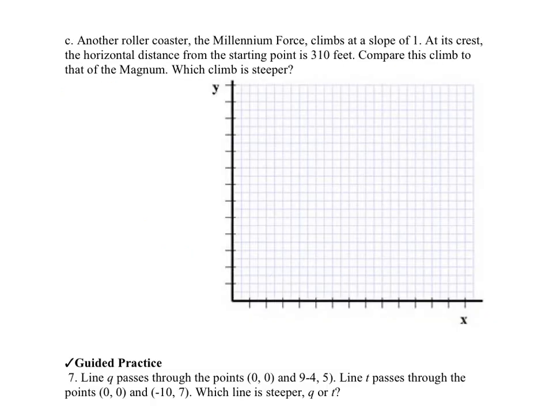Okay, another roller coaster, the Millennium Force, climbs at a slope of 1. At its crest, the horizontal distance from the starting point is 310 feet. And these climb by 50s.